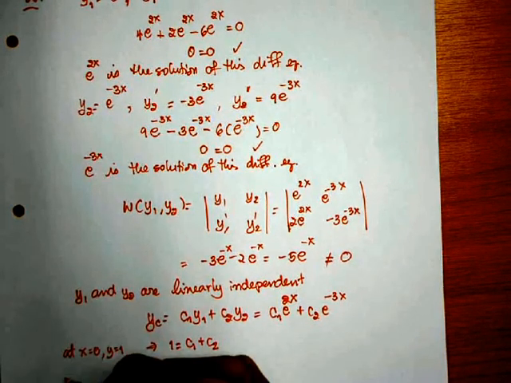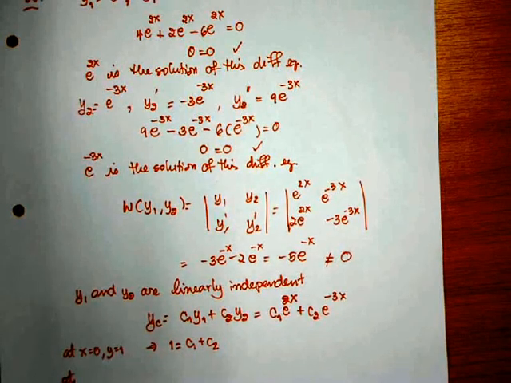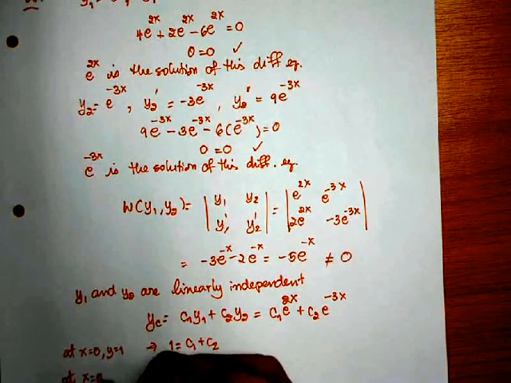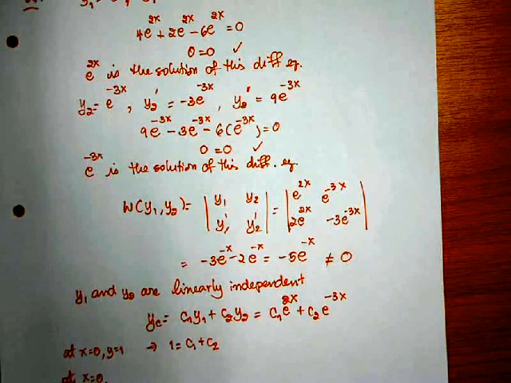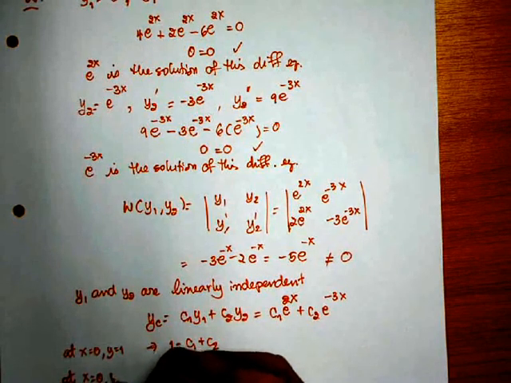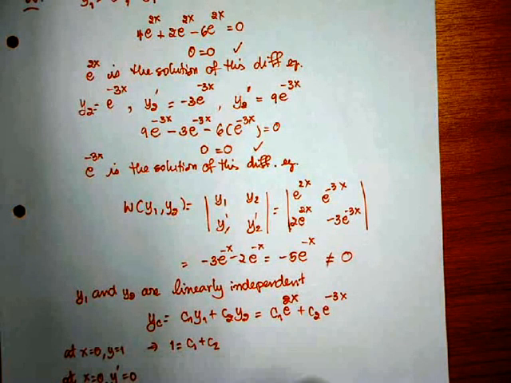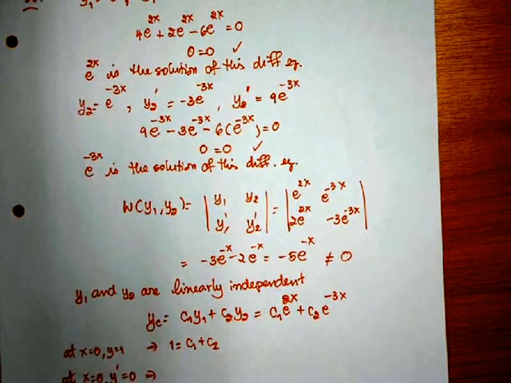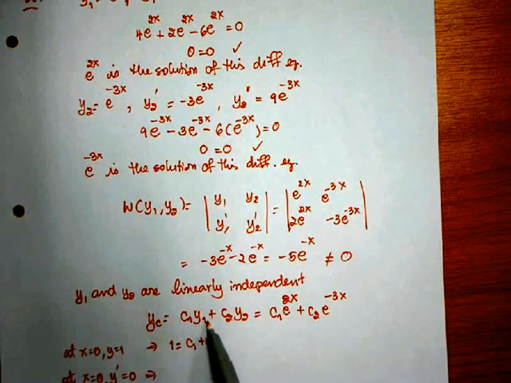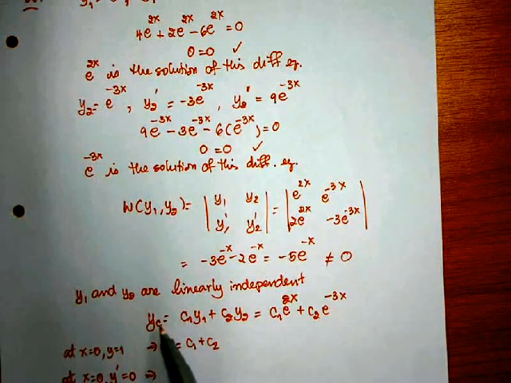The second boundary condition says that at x equal to 0, the derivative of y is equal to 0. But before we put this boundary condition into our answer, we've got to take the derivative of our answer first, right?